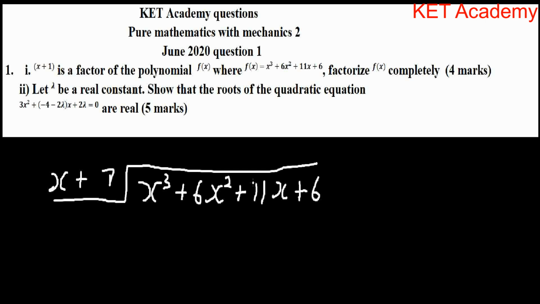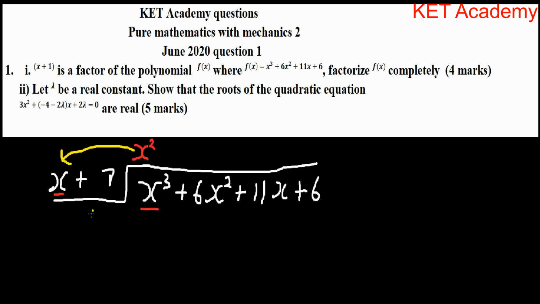Now the steps that I'm going to follow to simplify this polynomial will be the same for any form of equation. The steps involve taking the first term and dividing it by the first term of the linear factor. So x cubed divided by x is going to give us x squared. So we simply write our x squared there. Now we take x squared times x.